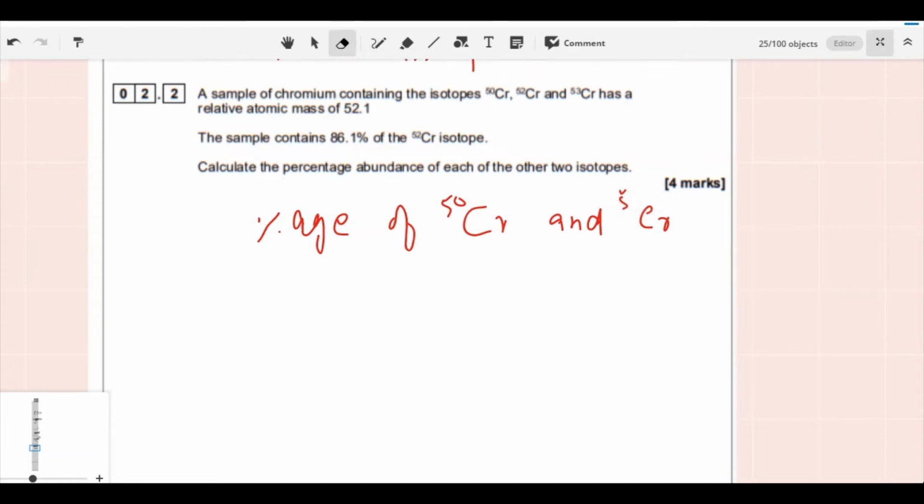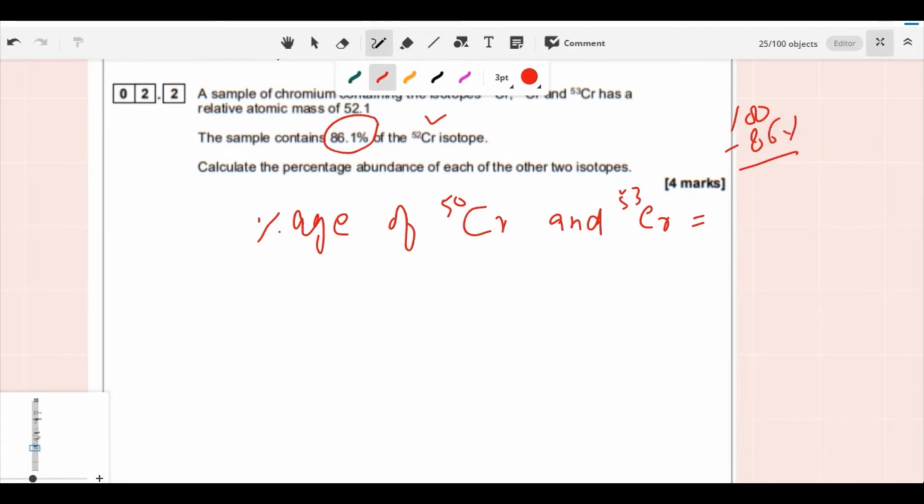First we need to write it collectively. If you see here the percentage of 52 is 86.1, so when you subtract 100 minus 86.1, it equals 13.9%. Okay, so that is collectively the percentage of chromium-50 and chromium-53.